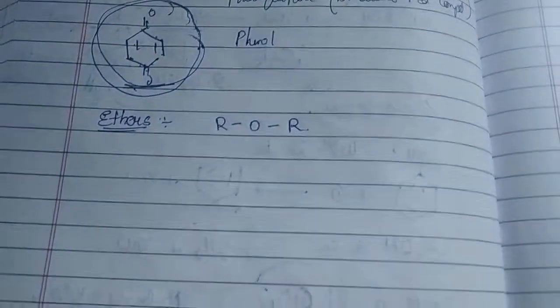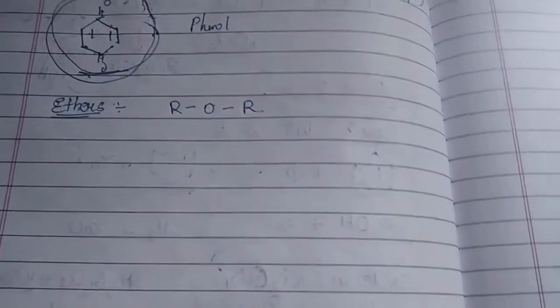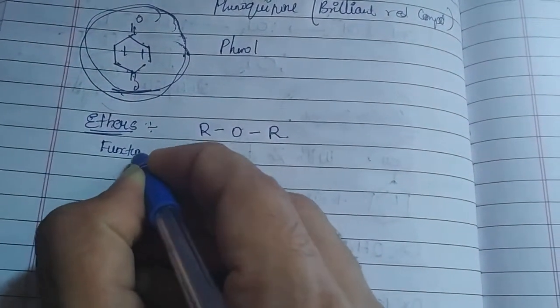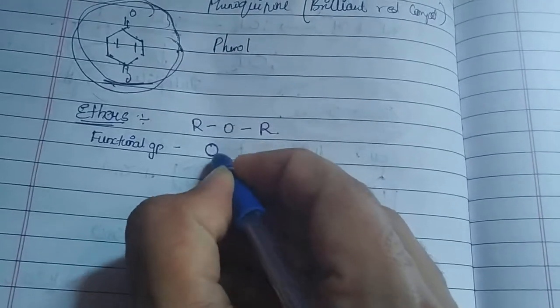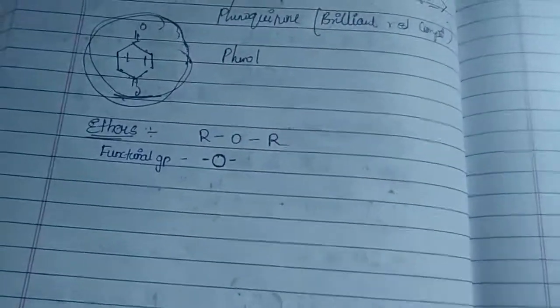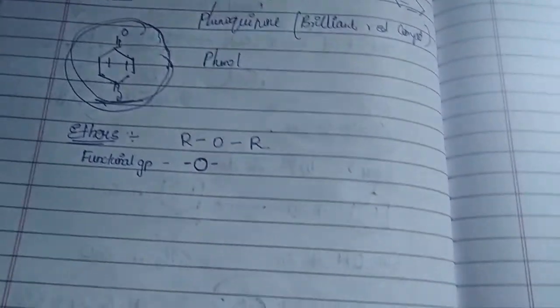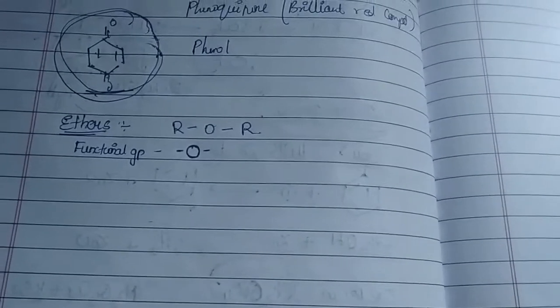In many books, we say that the functional group of an ether is just O. On either side of this O, the substituents will be their respective alkyl or aryl groups.